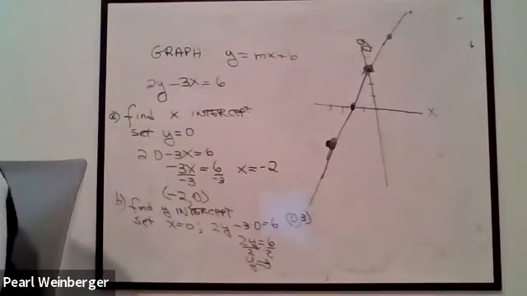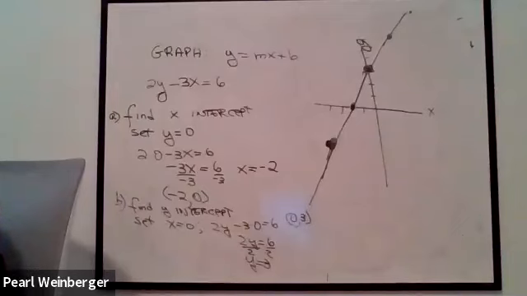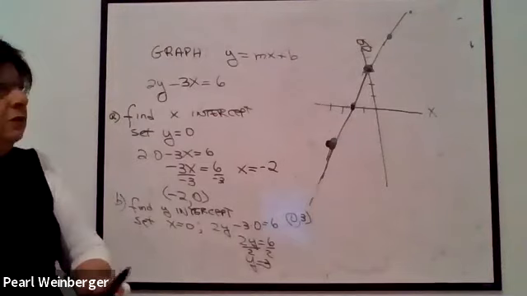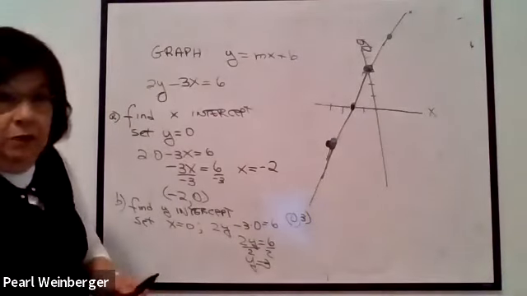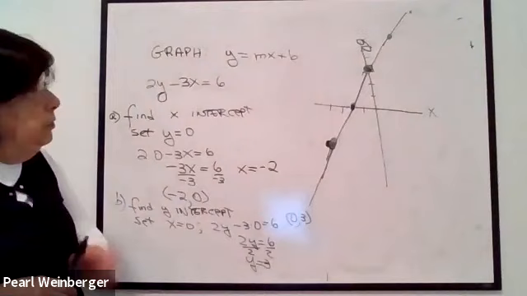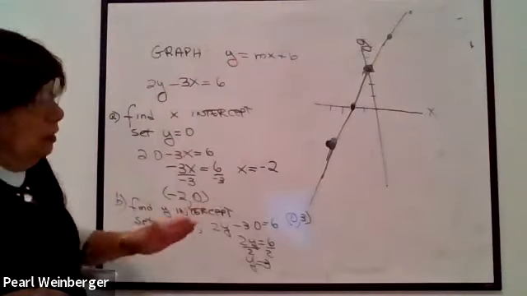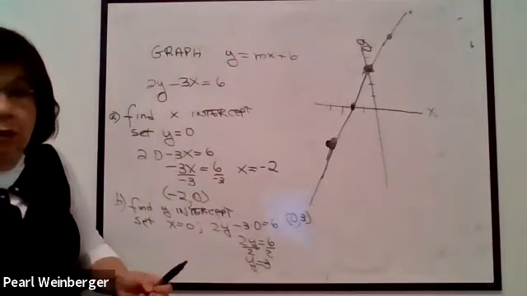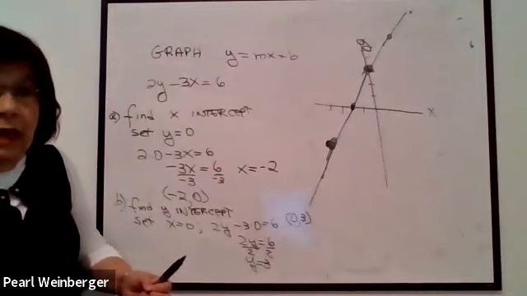Okay, that being the case, I want to go on to talk about the whole concept of the slope of a line. The slope of a line is the slant of the line, and we're going to talk about what the slope of the line gives us.